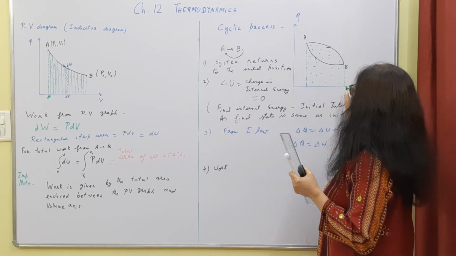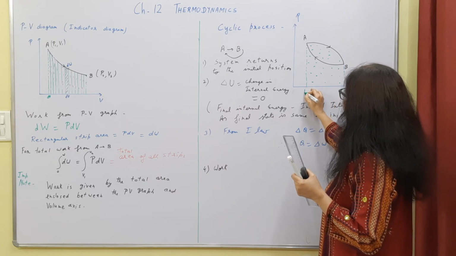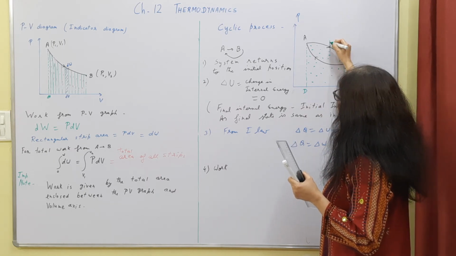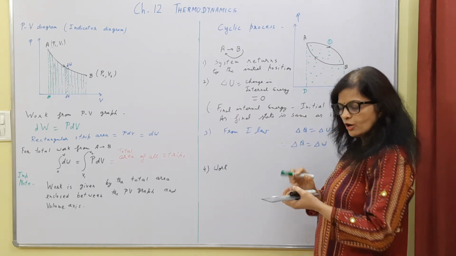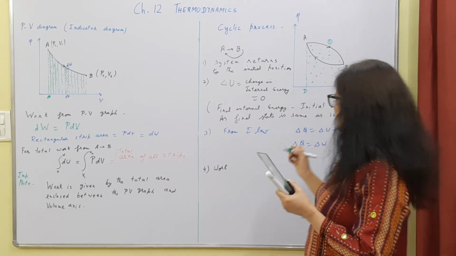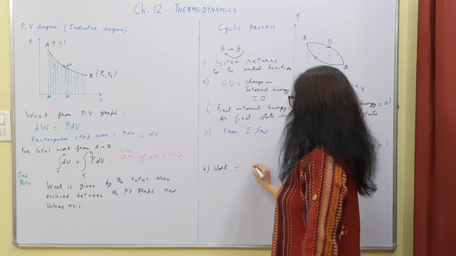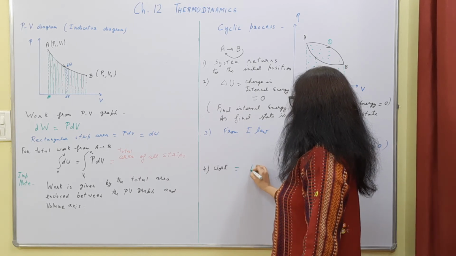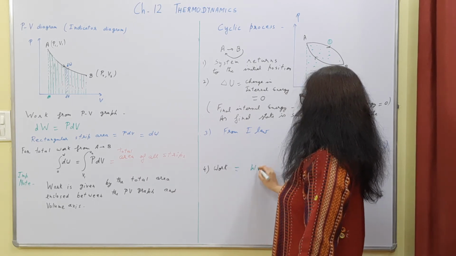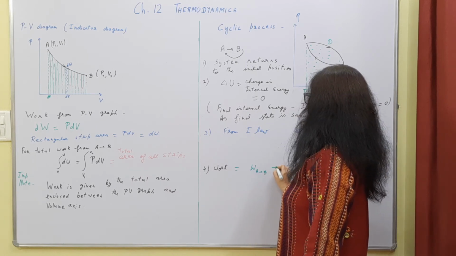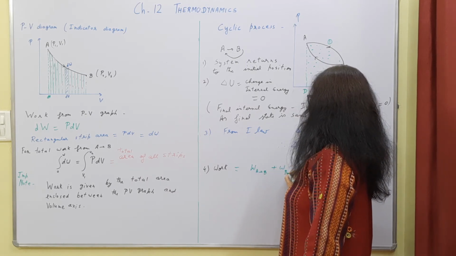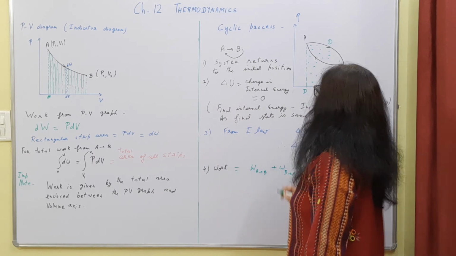You can say this is A, B, C, D through path 1, so the area of A, B, C, D. The total work done will be the work done in the A to B process plus the work done in the B to A process.